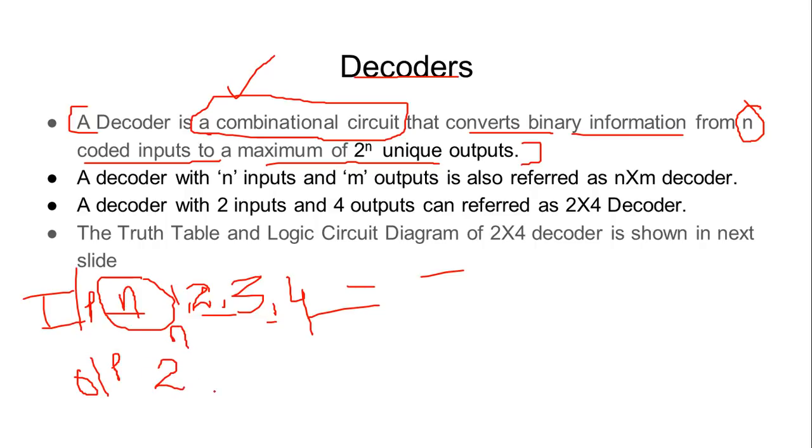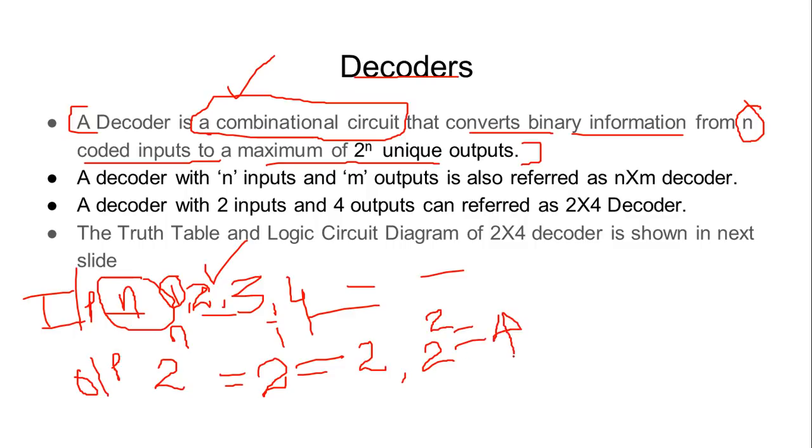If the value of n is equal to 1, then 2 raised to power 1 means that if I provide one input, the number of outputs I am going to get is 2. If the value of n is equal to 2, then the number of outputs I am going to get is 2 raised to power 2, which is equal to 4. This is how decoder circuits work.